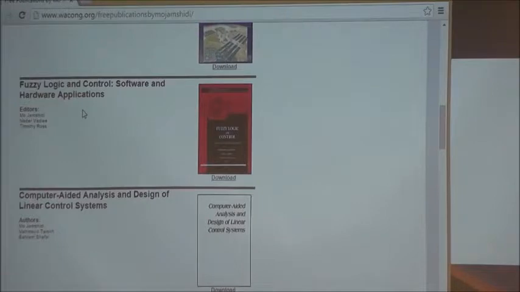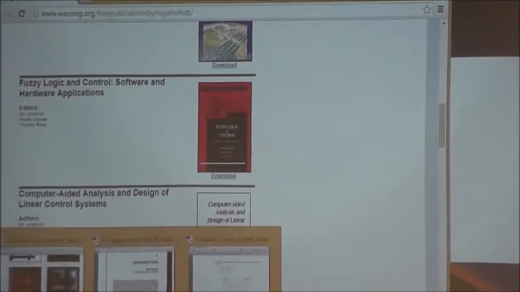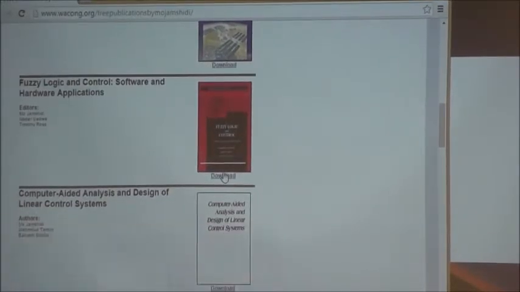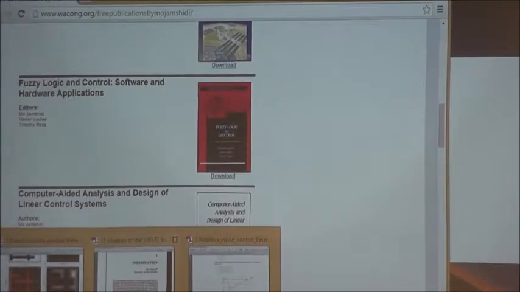The other 11 or 12 chapters were all done by students. And every single chapter in that book written by students is Harvard related. So I'm going to walk you through a few chapters of this book. You can download it here if you don't have it, but I think I already put it on the Dropbox.